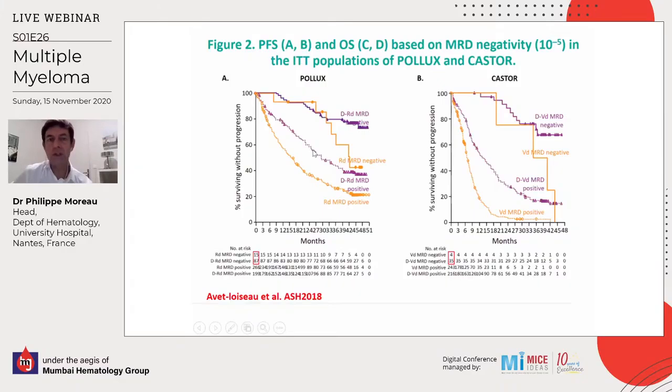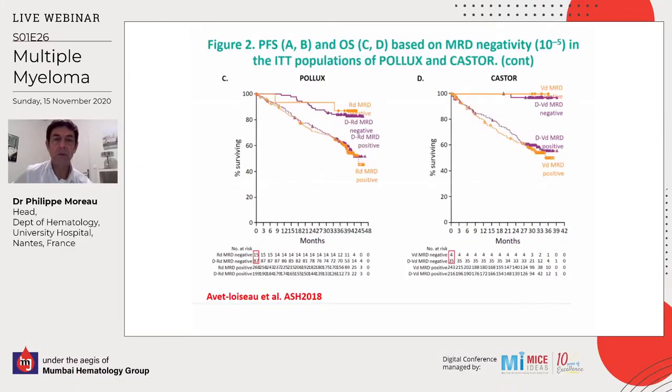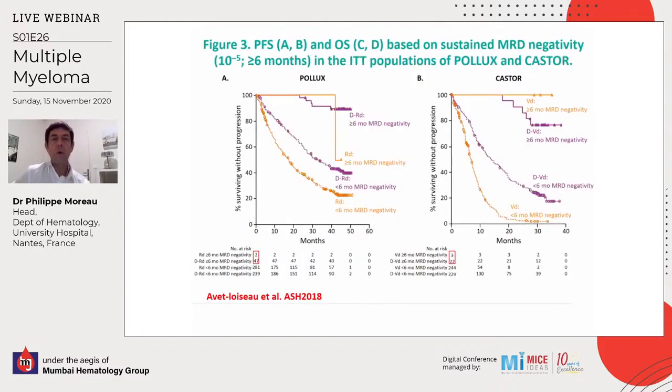So we need to reach MRD negativity. That's really clear. And this is the outcome of patients for overall survival. And when we look at sustained MRD negativity, those patients who were able to stay MRD negative 6 months apart, their outcome is really improved in the 2 trials.